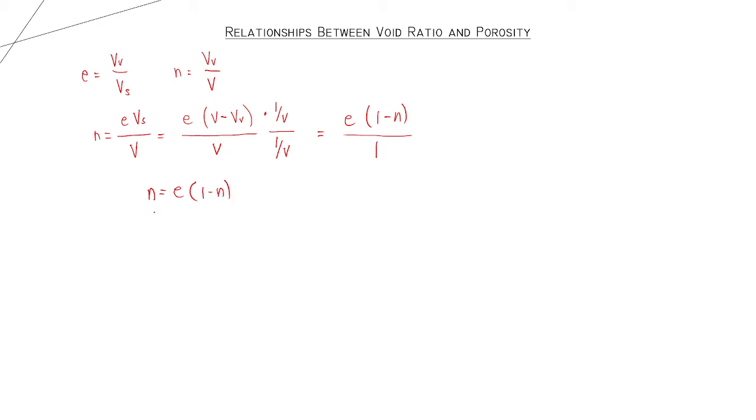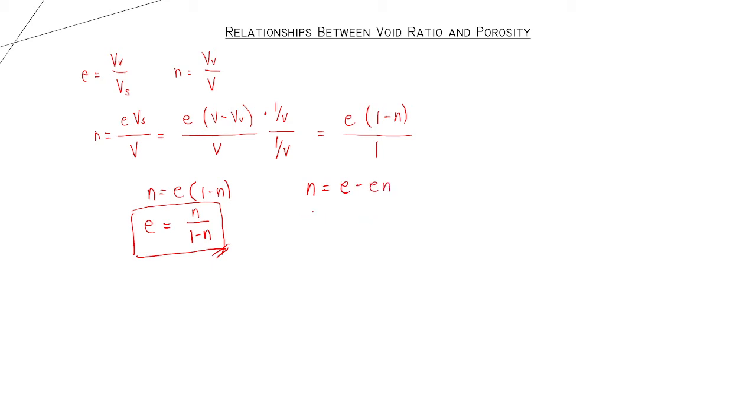Or if we want to isolate e, we can write e is equal to n all over 1 minus n. So this is the first. And if we want to isolate the porosity n, we can also write n is equal to e minus e n from this one.